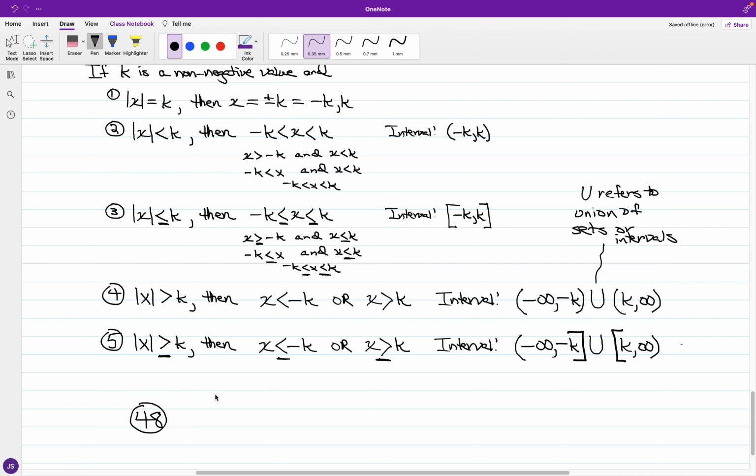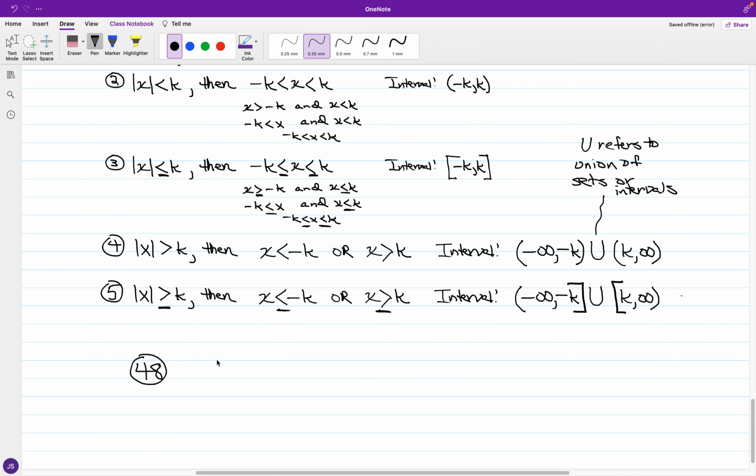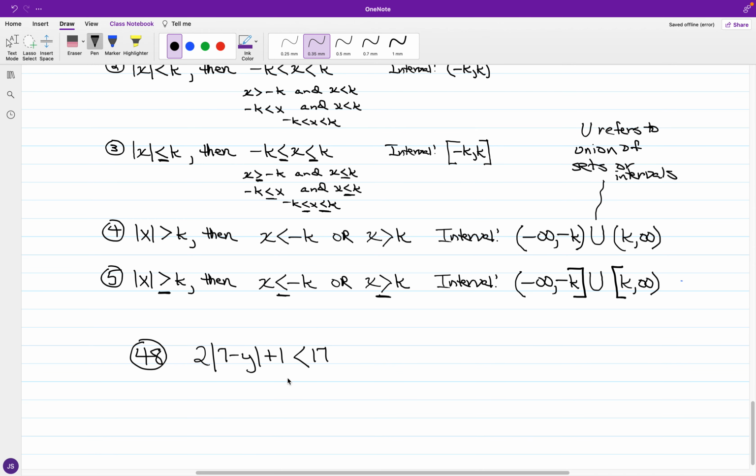R8. Now with number 48, we have 2 times the absolute value of 7 minus y, followed by the additional 1, is less than 17. When we looked at some of the equations, we looked at isolating the absolute value expression.